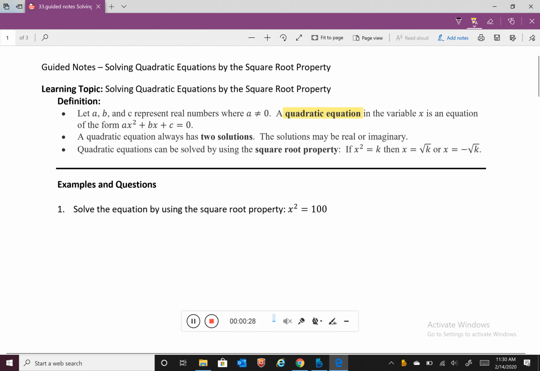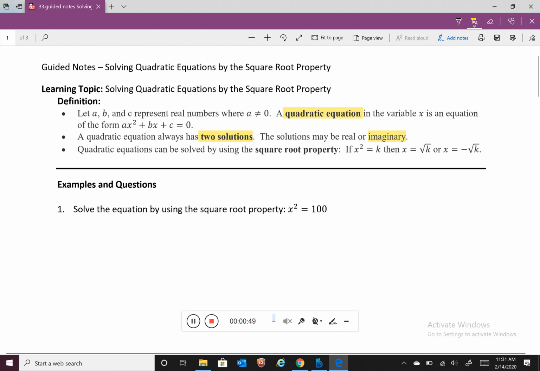And because the degree of the equation where it is set equal to 0 is 2, the quadratic equation will always have two solutions. They could be real or they could be imaginary. And we're actually going to see an example today where our solutions are imaginary.